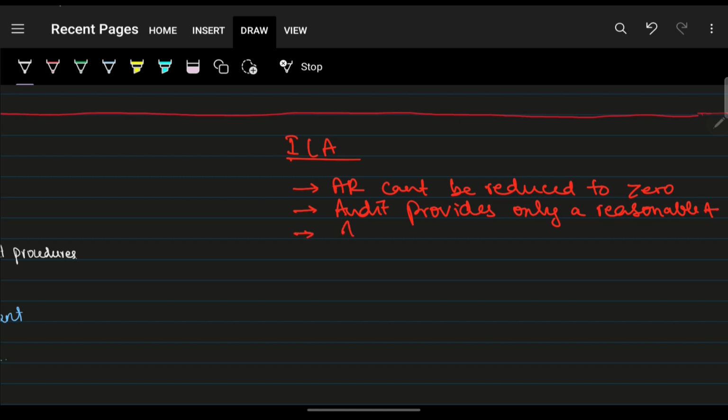Next, audit evidence is persuasive in nature. Okay, it is persuasive, not conclusive.